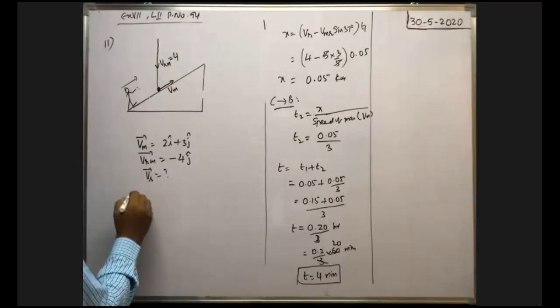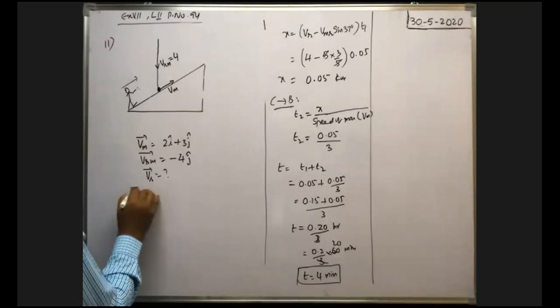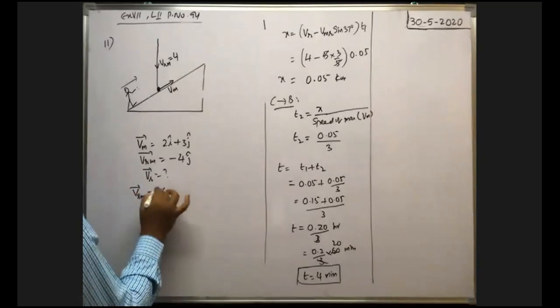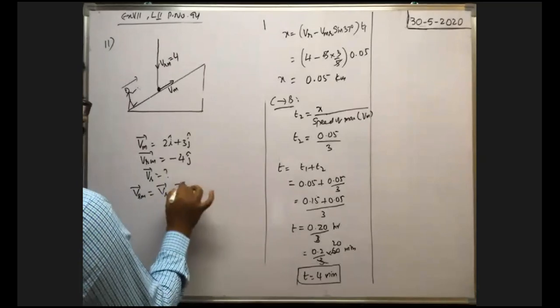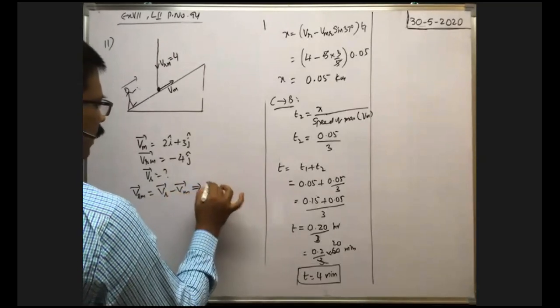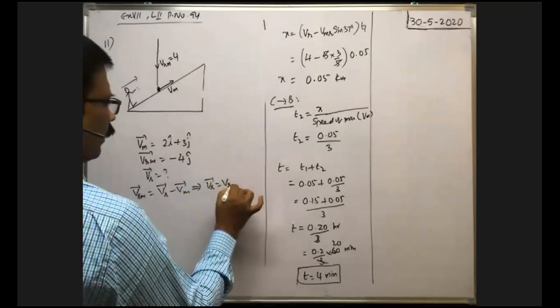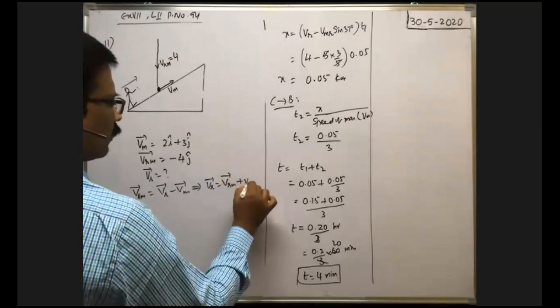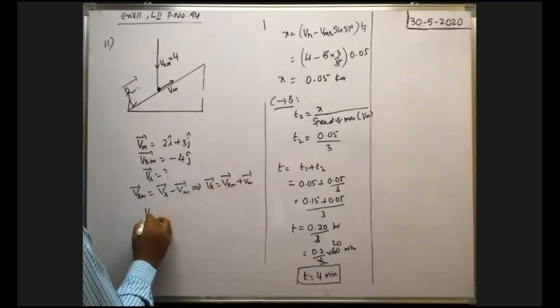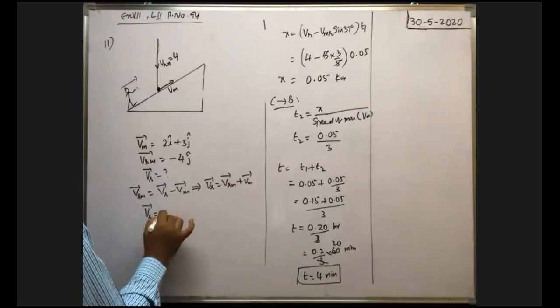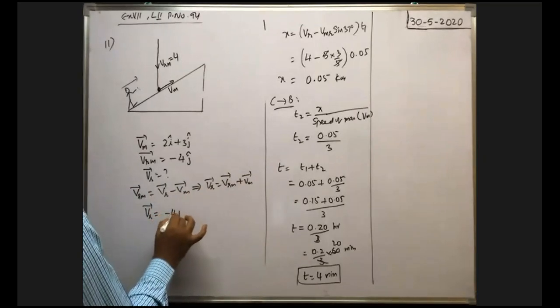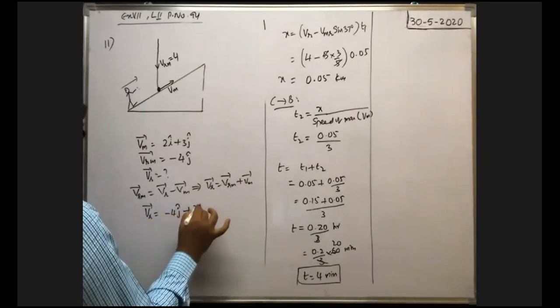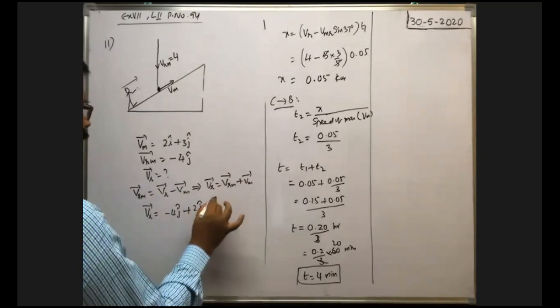So what is the relation? Vrm bar is equal to Vr bar minus Vm bar. That implies Vr bar is equal to Vrm bar plus Vm bar. Therefore Vr bar is equal to minus 4j cap plus 2i cap plus 3j cap.